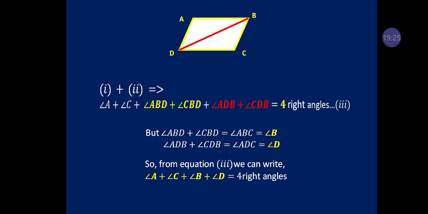Hence the proof is complete. By the way, do not forget to write the justification part. You all know what is called the justification part, okay? Let us see our final question of this lecture.